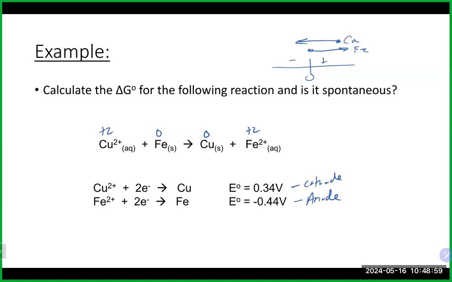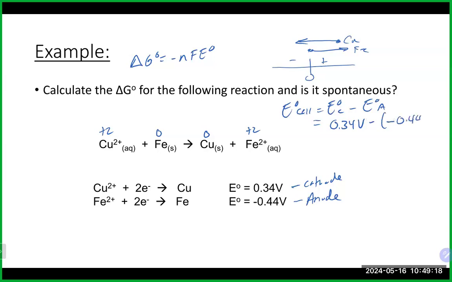In this case, we can figure out our delta G here, which is going to be minus nFE. Our E is going to be our cell, our cathode minus our anode. Putting that in there is going to give me 0.34 volts minus a minus 0.44 volts.